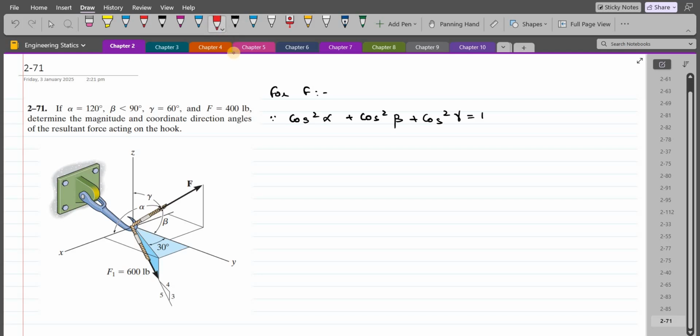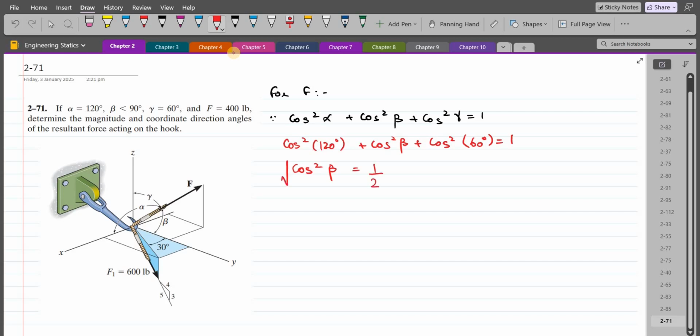If I substitute the known values, I would have cos square of 120 degrees plus cos square beta plus cos square gamma, which is 60 degrees, equals 1. Upon further simplification, cos square beta comes out to be 1 upon 2.